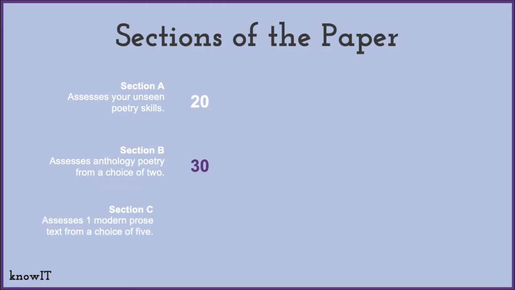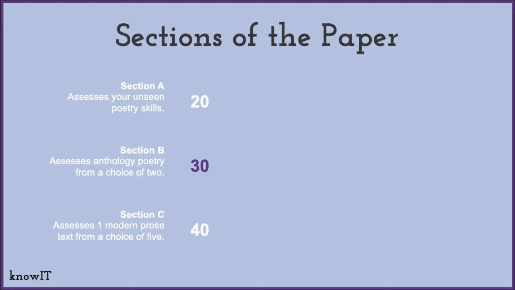Lastly comes section C, which assesses 1 modern prose text from a choice of 5. And this one is also slightly more than the previous section, 40 marks. So a modern prose text, I'm going to tell you later on in this video what it is and which one I did. But the main thing you need to remember is that there's a choice of 5 modern prose texts, and your school will be doing 1 from these 5.